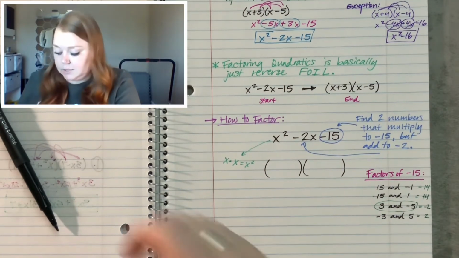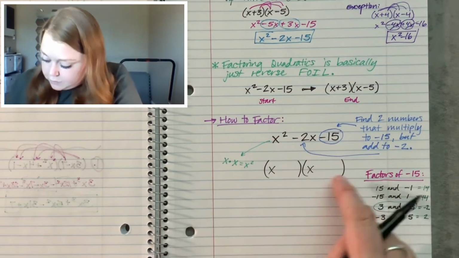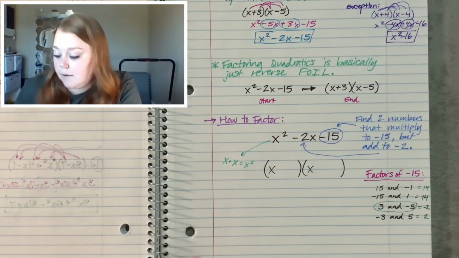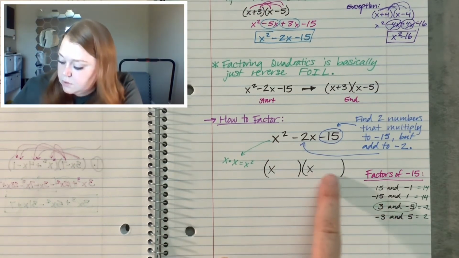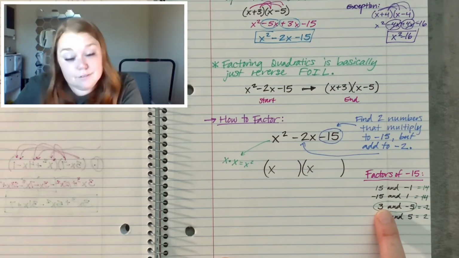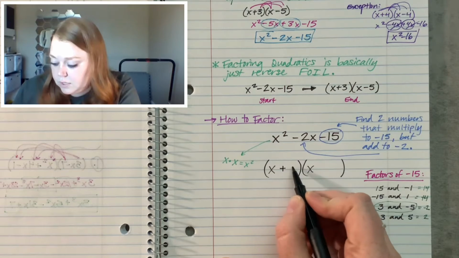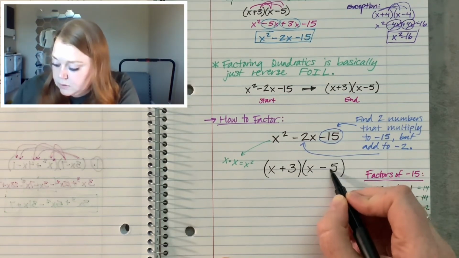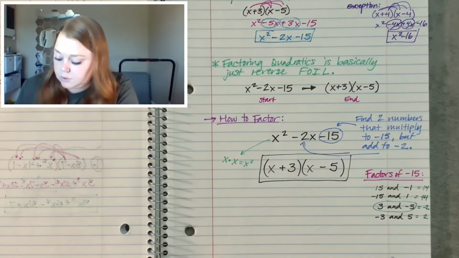X times x is x squared, which is why your binomials in your parentheses are going to both start with a single x, okay? And then you get to fill in these numbers right here and here. Positive 3 and a negative 5. Positive 3 we show as plus 3. Negative 5 we show as minus 5. So there you go. There's your answer.